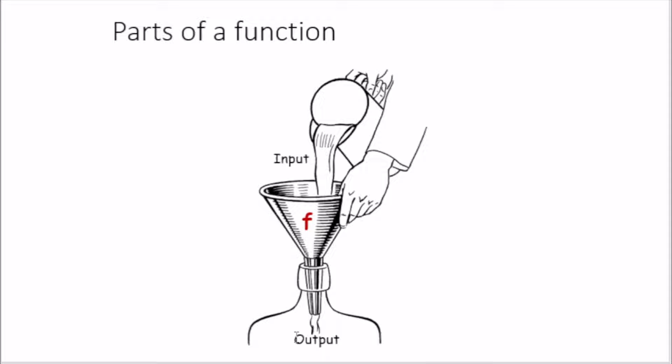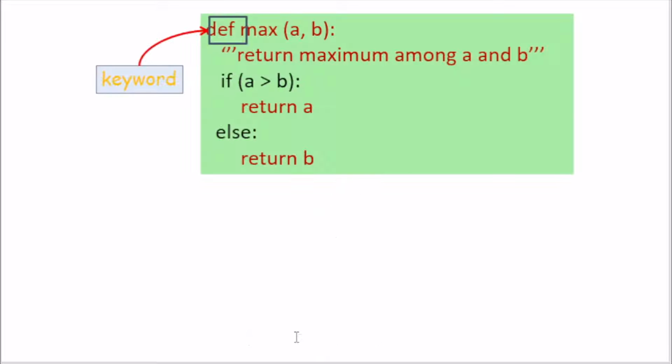So we can say that a function is a self-contained block of one or more statements that perform a special task when called. So the function syntax is like this.